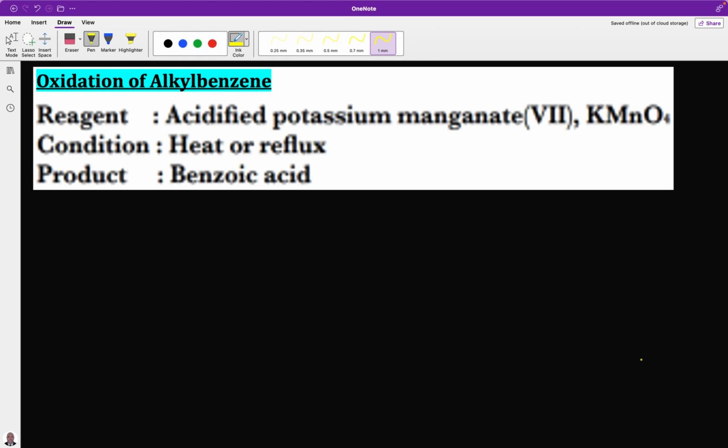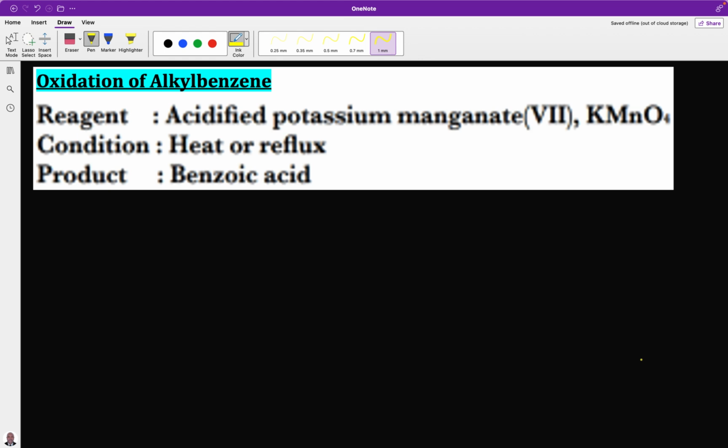the mixture is heated under reflux, and the reagent is acidified potassium manganate 7. When acidified potassium manganate 7 is mixed with methylbenzene and heated under reflux, there is what we call a side chain oxidation.